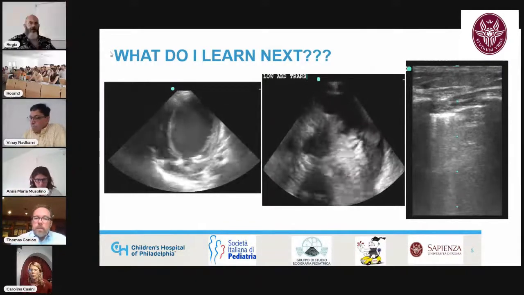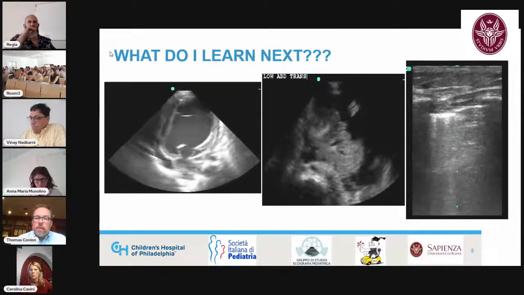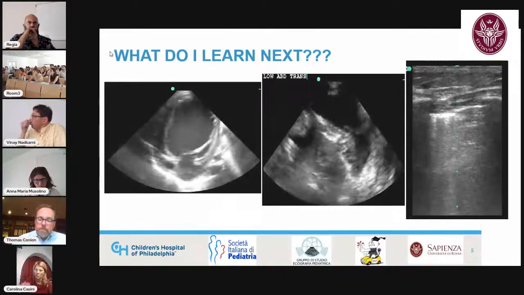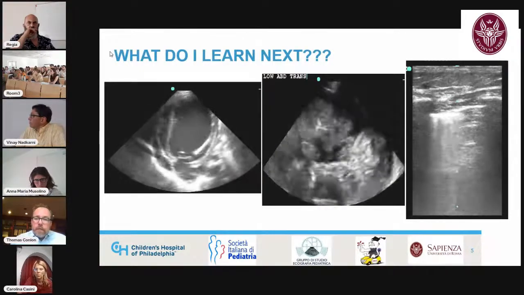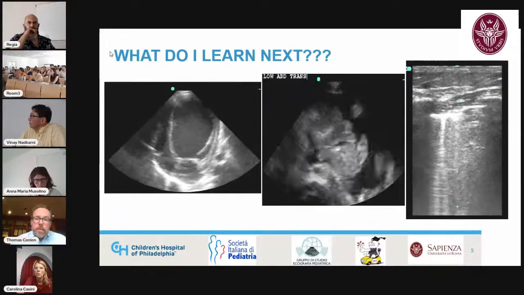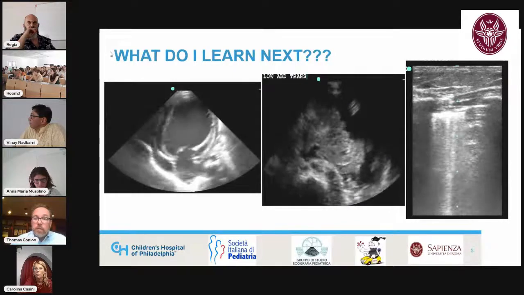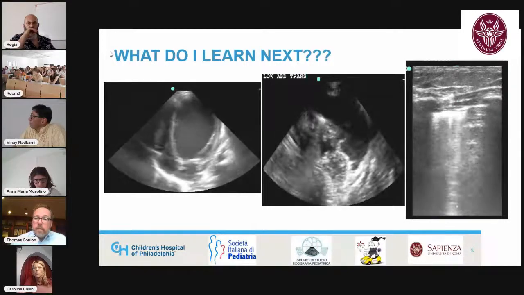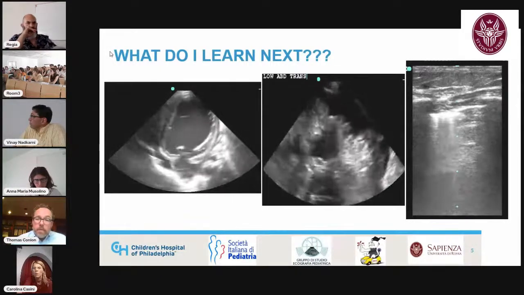We want to be able to look into the abdomen and look in blunt trauma patients for any evidence of bleeding. And for the child who has hypoxemia, I want to be able to diagnose pneumothorax so that I can target a therapy or a procedure very rapidly to save that child's life.